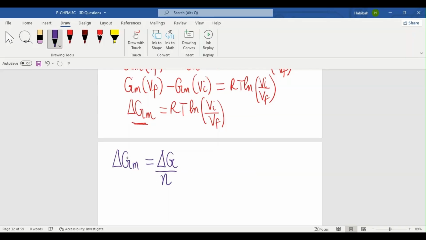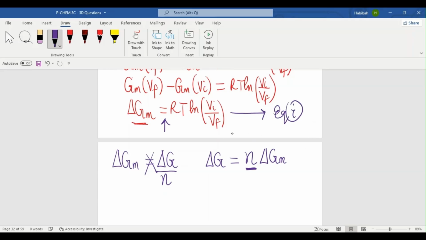To go from changing GM to changing G, we simply cross multiply, and we have the change in G to be the number of moles times the change in molar Gibbs energy. Because we have an equal sign here, we have to multiply this equation by the number of moles. Let's imagine this is equation 1. Just bear with me.